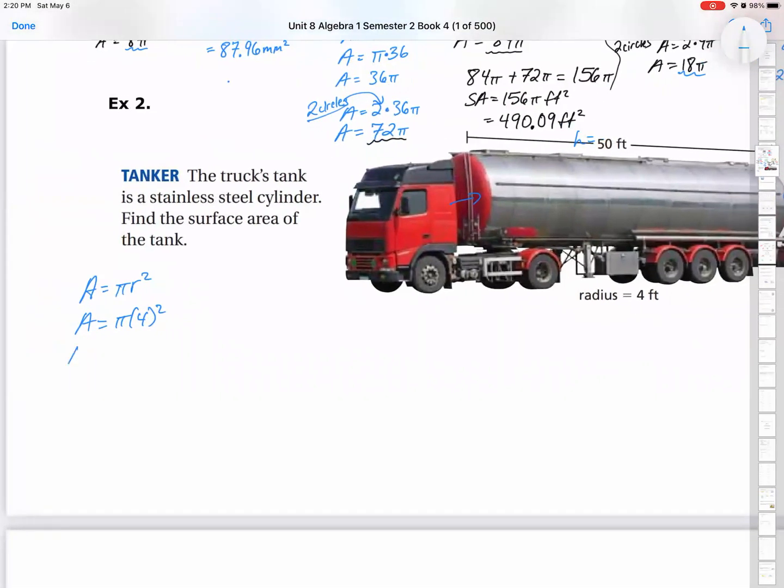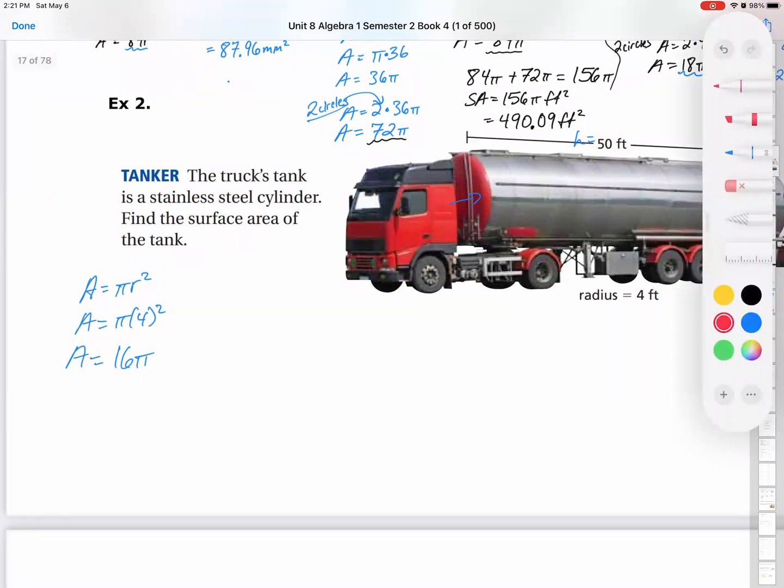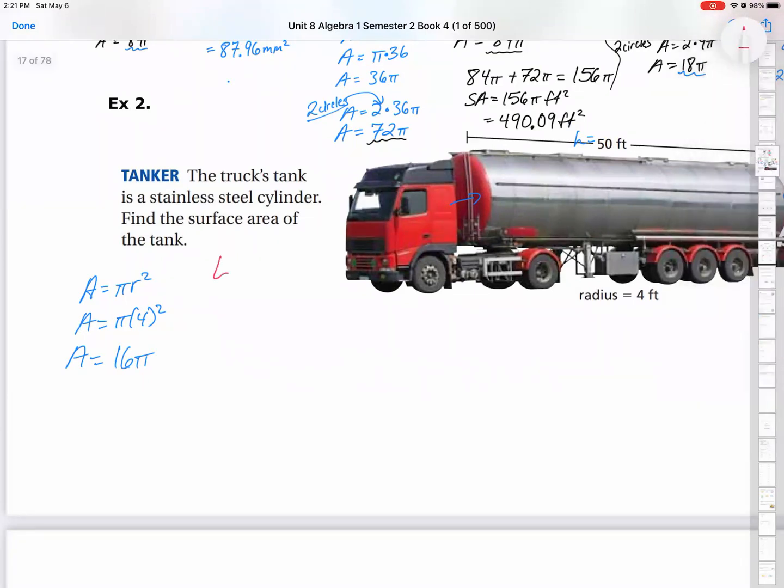And so then our area comes out to be 16 pi. Oh, I'm sorry. We have times 2 though, 2 circles. So in total, it'll come out to be 32 pi.